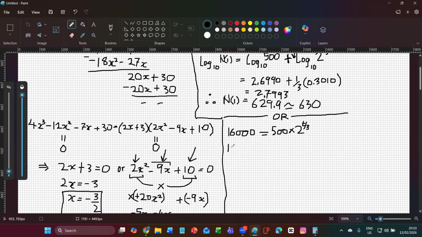So that would be 16,000 over 500 equals 2 raised to the power of c over 3.